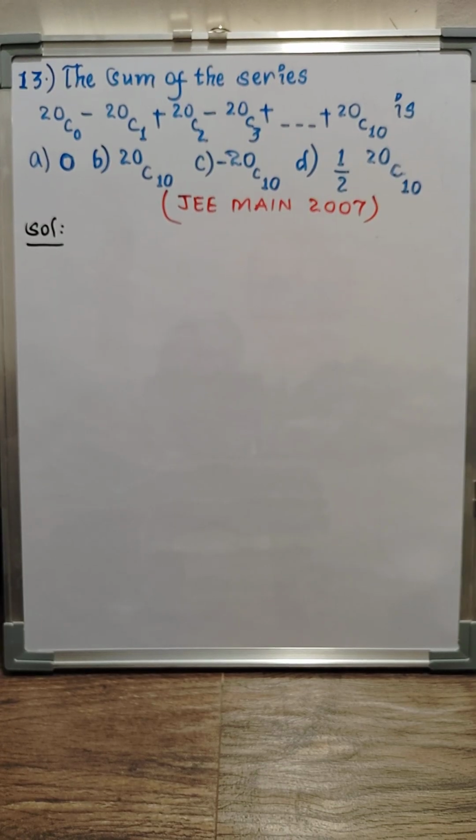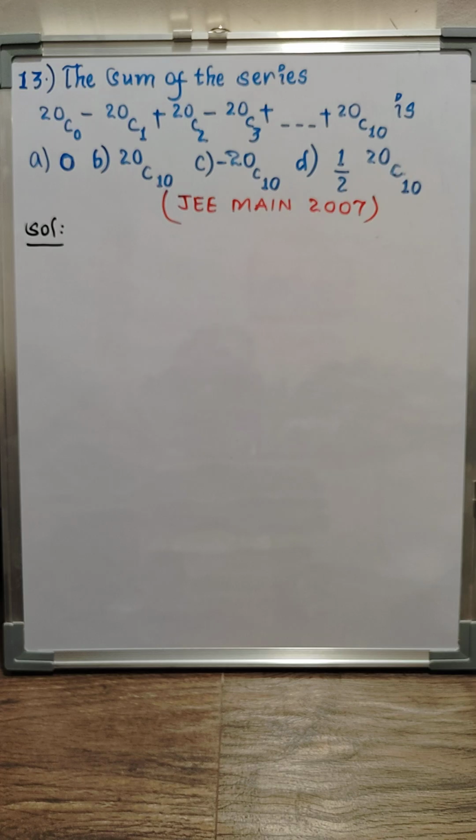One more JEE problem we have. The sum of the series 20C0 minus 20C1 plus 20C2 minus 20C3 and so on plus 20C10 is? This is a JEE Main 2007 question.